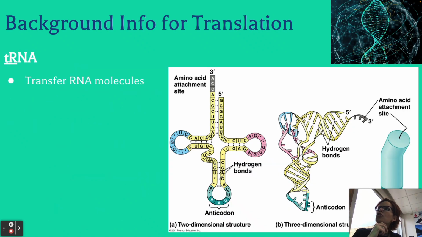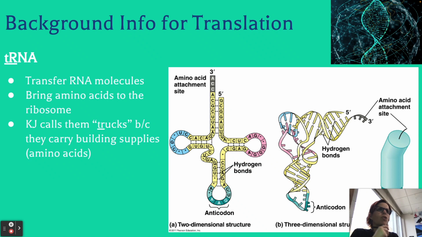So these are the trucks. I call them trucks, the tRNAs, because they carry an amino acid. Look where the diagram says it. The amino acid is carried up at the top, and then down at the bottom are the 3 letters that are called the anticodon. That is because they are the opposite 3 letters of the mRNA codon.